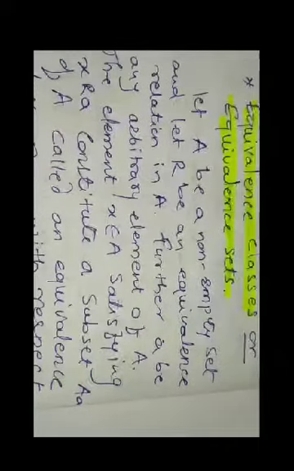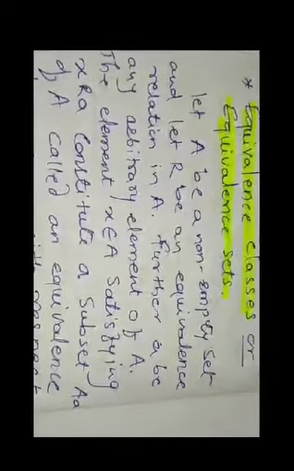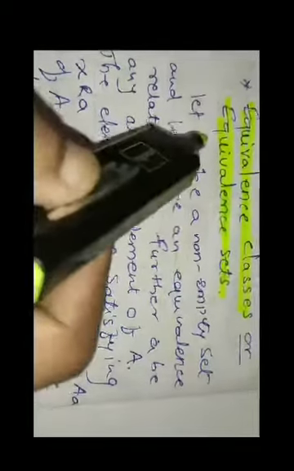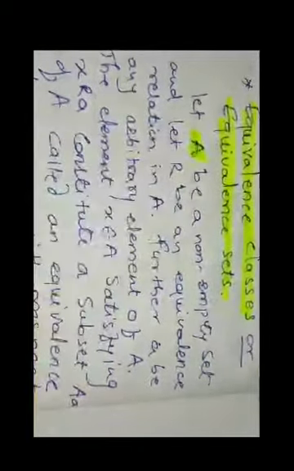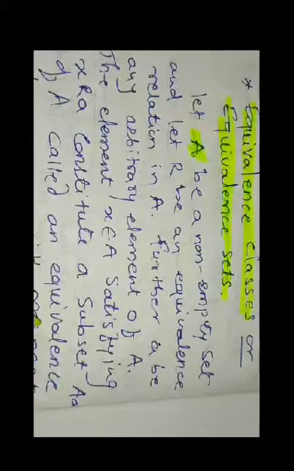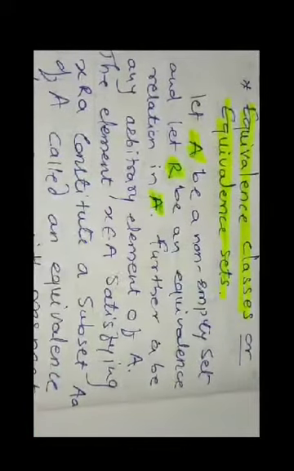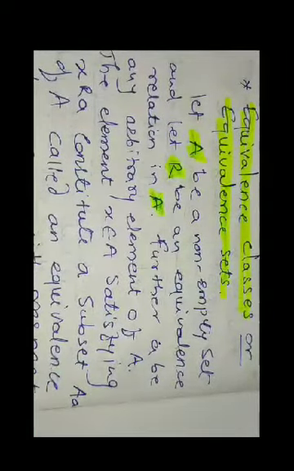Now I am going to discuss this. Let A be a non-empty set and R be a relation. We defined one relation R on the set A. A is any non-empty set.